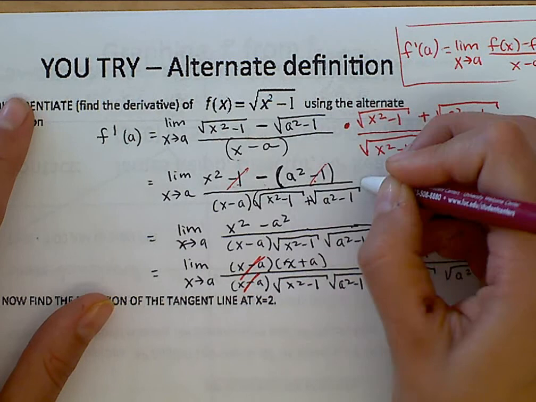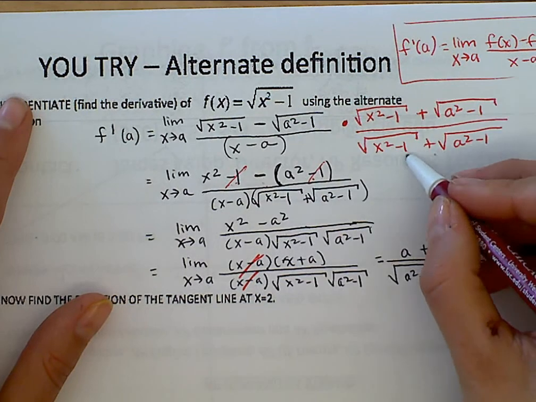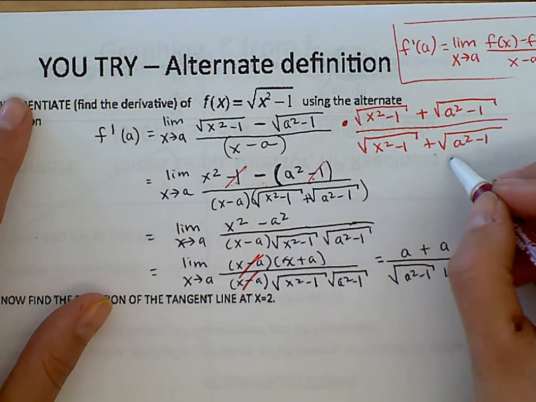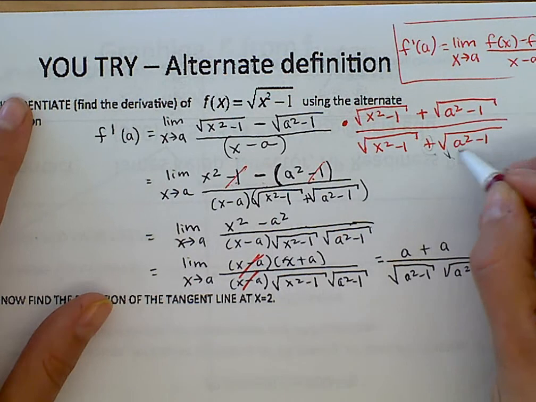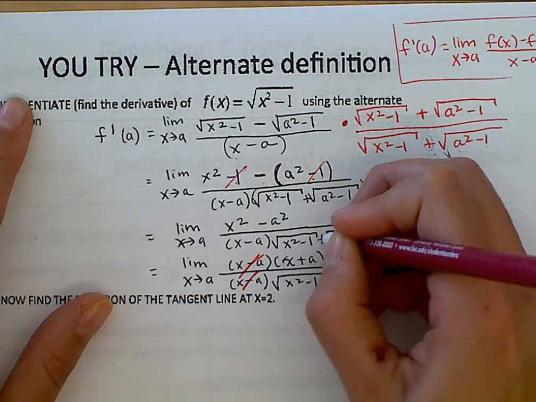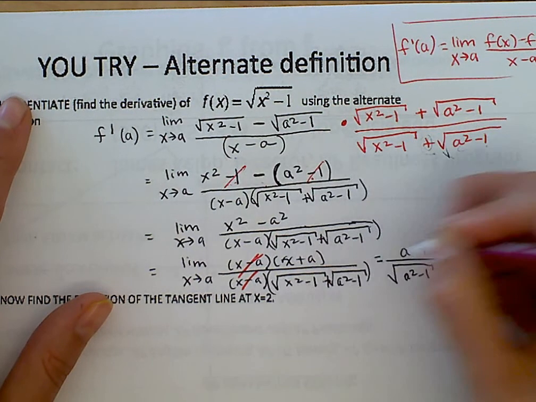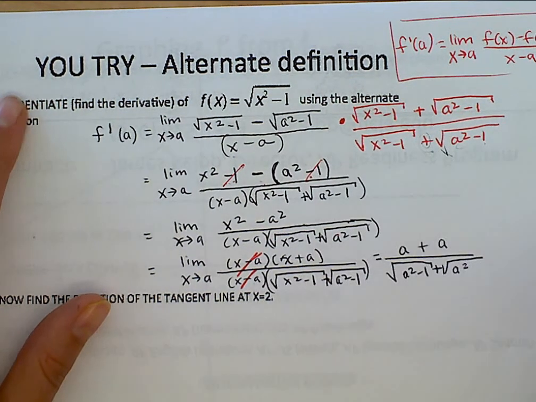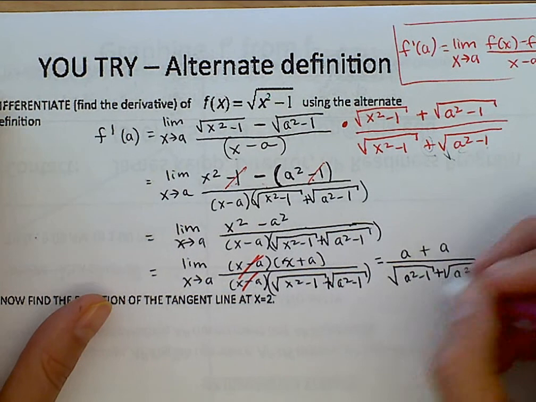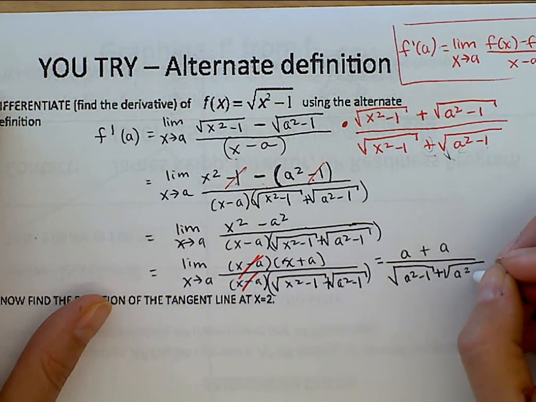So since I multiplied by the square root of x squared minus 1 plus the square root of a squared minus 1, I should have had pluses here. I messed up. So this should be plus. Okay, so this is the square root of a squared minus 1 plus the square root of a squared minus 1.